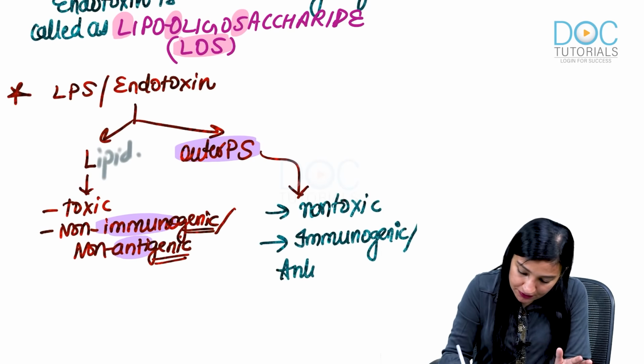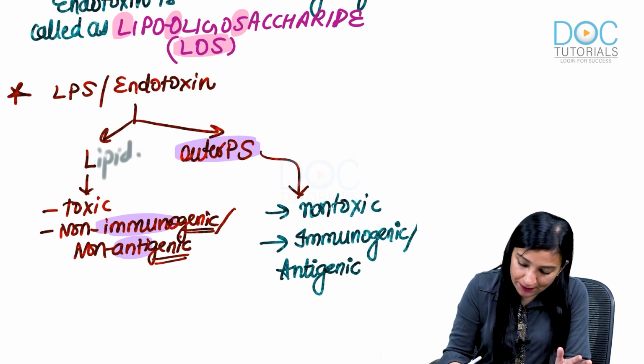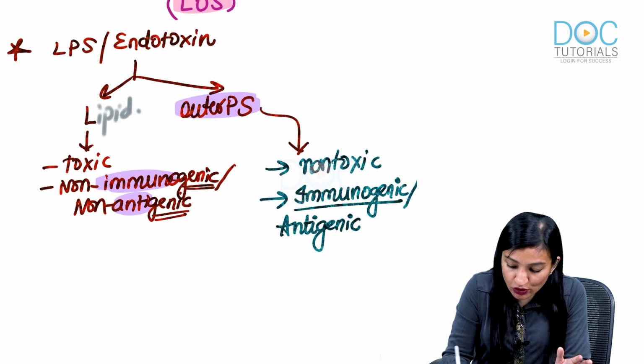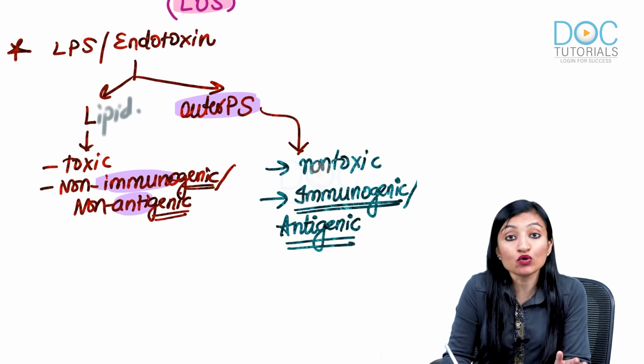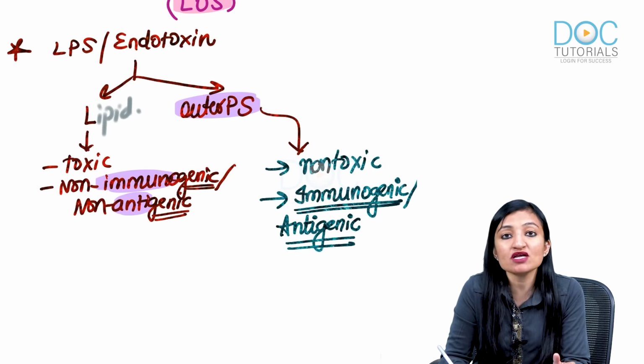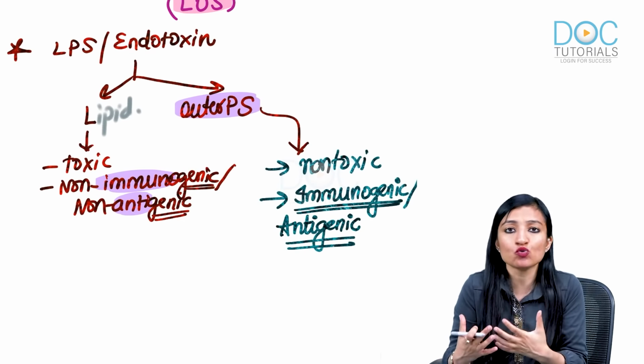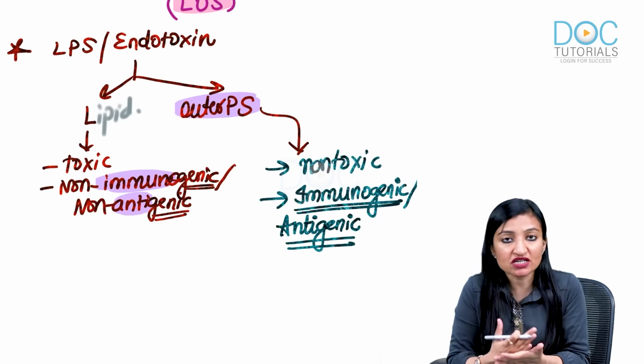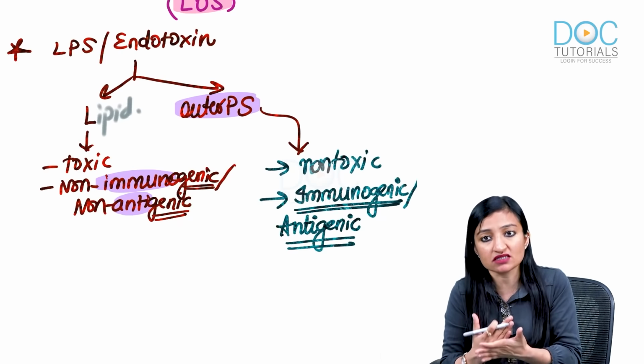Now, these antibodies which are going to be produced against the outer polysaccharide are not going to be of any help to us as far as protection against the endotoxic shock is concerned.